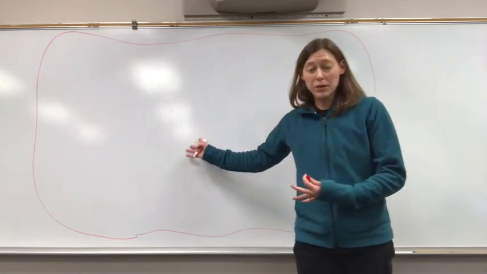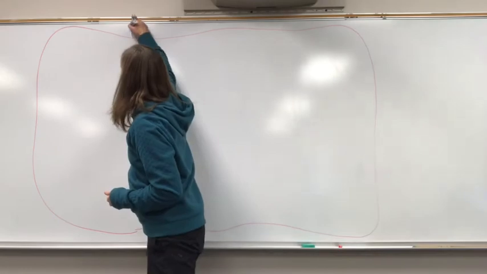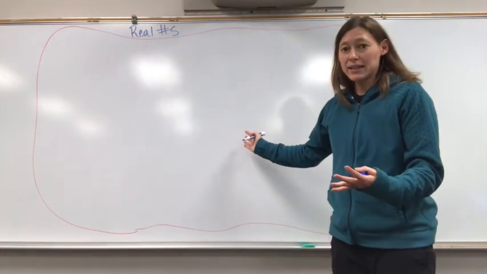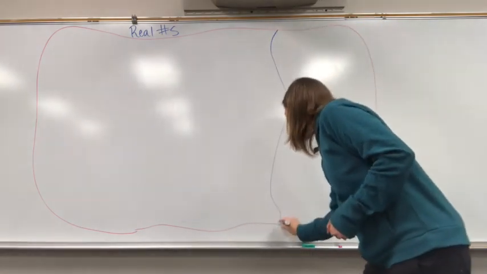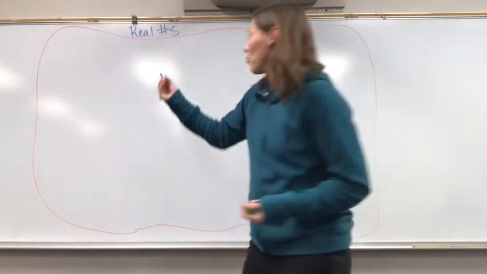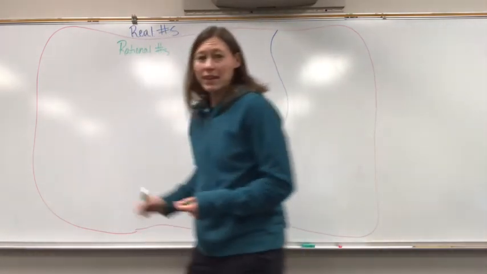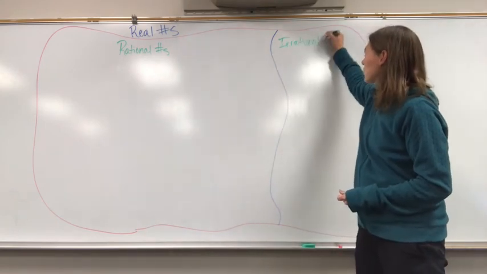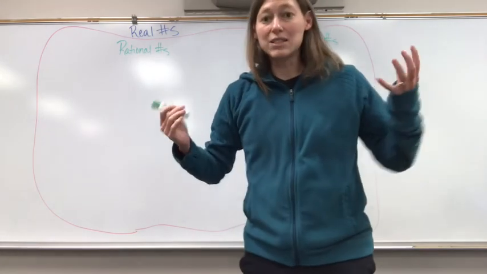This blob represents real numbers. And I'm going to divide this big blob into rational numbers and irrational numbers. Rational numbers are numbers that can be written as fractions.